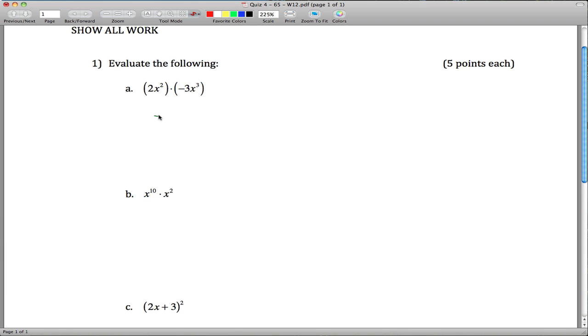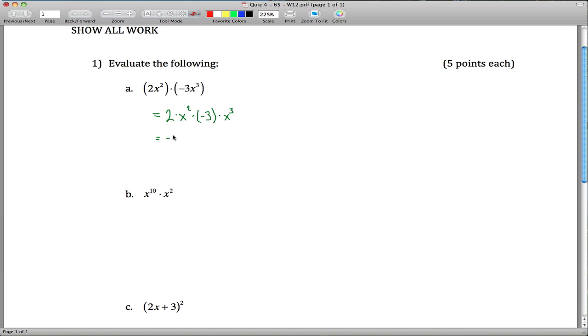The way I would think about this is really this is 2 times x squared times, I'll put the -3 in parentheses just so you can tell it's times -3, not minus 3, times x cubed. So really what I have here is a product of four different numbers or variables, and I can write them in any order I want.